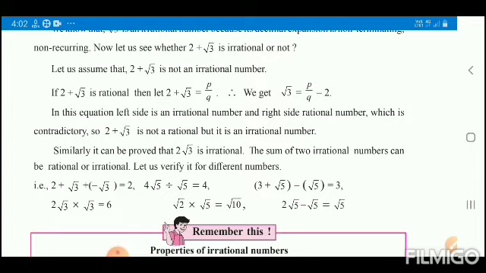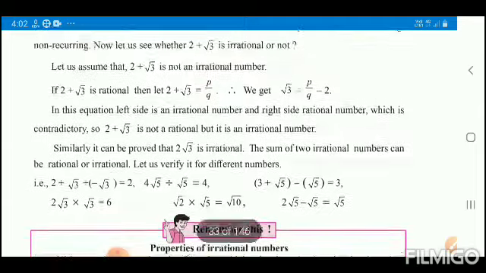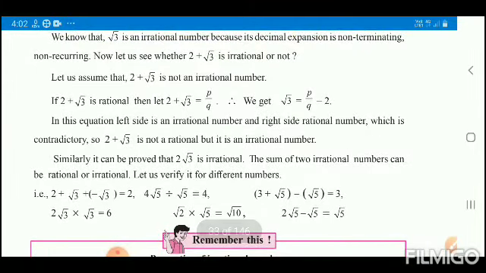Let us assume that 2 plus root 3 is not an irrational number. Same thing we did here for proving root 2 is an irrational number. Same way we will solve this example, 2 plus root 3, by the indirect proof method.